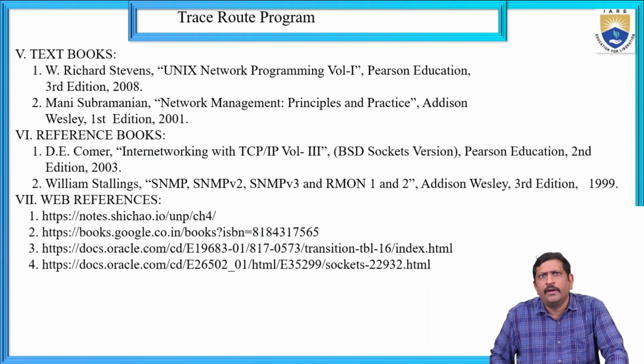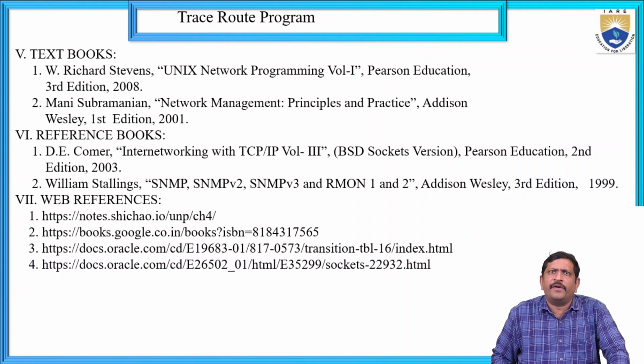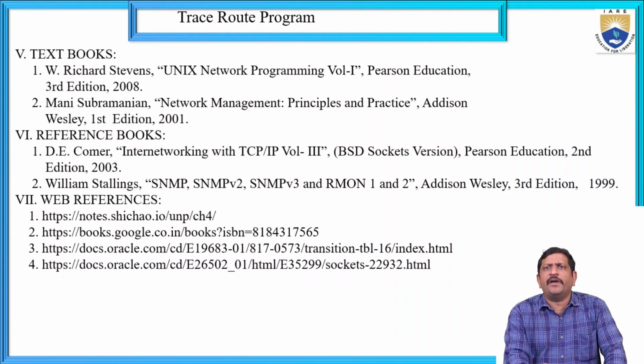And here are the textbooks for this one. The textbook is Unix Network Programming, Volume 1, from Pearson Education, and also Network Programming, and web references on networking with TCP/IP, and SNMP, SNMPv2, SNMPv3, RMON.